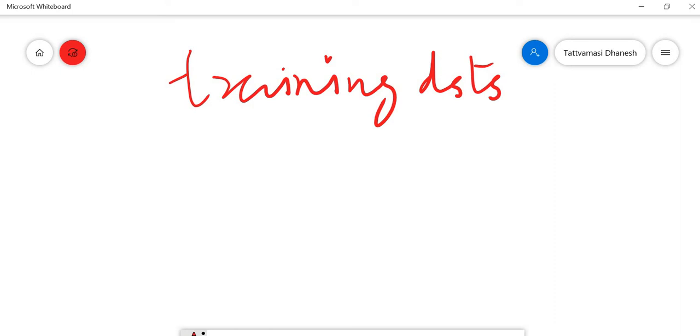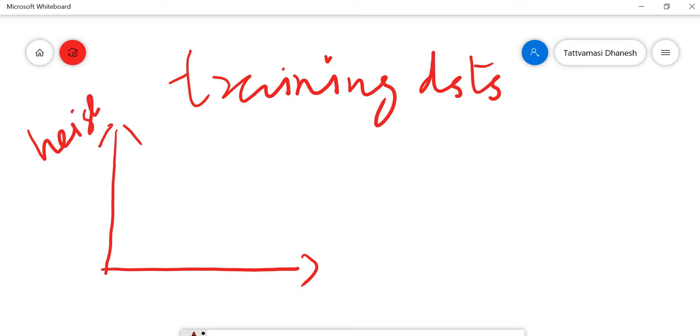For example, we have height and weight. This is our graph. On this height and weight graph, we are coming up with a model. First we plot the training data. For a particular value of height, this is the weight. This is our training data, this is the first plot.